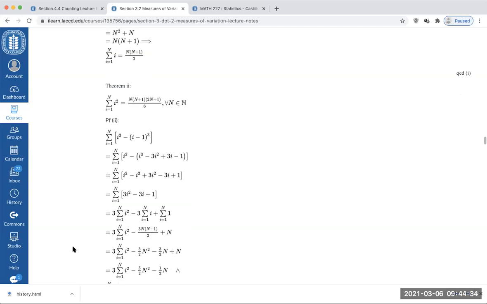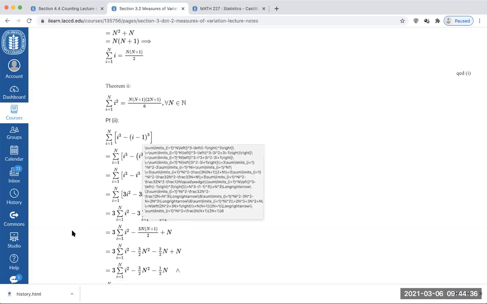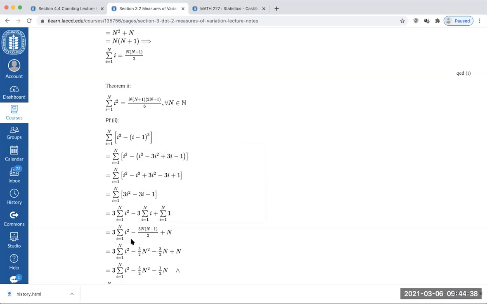Let's simplify that. Multiplying the 3n inside the parentheses and dividing by 2, I get minus 3 halves n squared. Multiplying the negative 3n inside the parentheses divided by 2, I get minus 3 halves n plus n. Well, n minus 3 halves n is 1 half n.